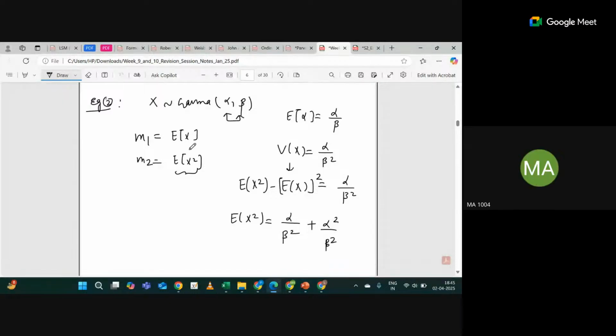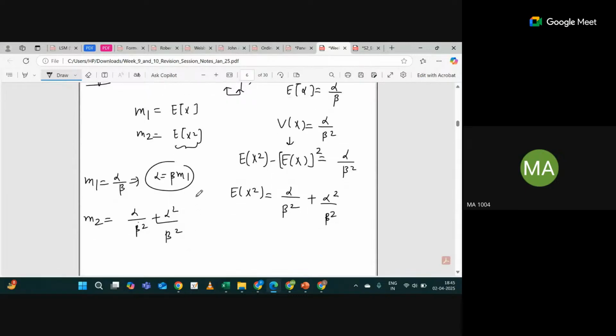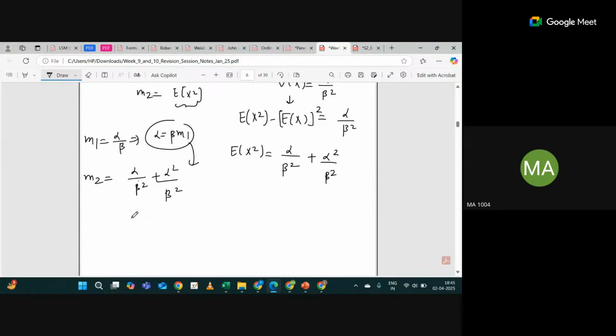So you can substitute m1 equal to alpha by beta, and you can find alpha equal to beta times m1, and m2 you can put like this: alpha by beta square plus alpha square divided by beta square. Then you will proceed by substituting alpha equal to beta m1, and you will get some equation.